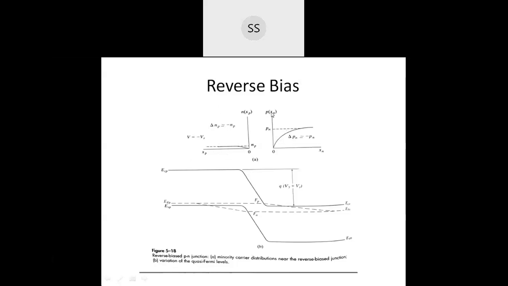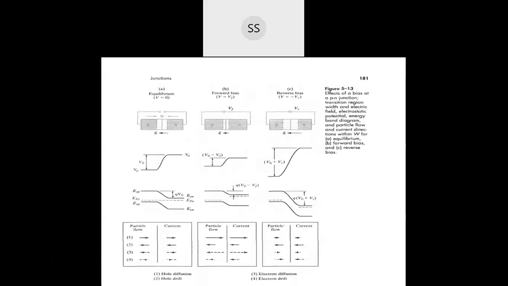This p of x_n indicates the minority carrier distribution in the N region. And this 0 point, the vertical line, so these are the edges of the space charge region on either side. See here in this picture, we have the edges in dotted lines. At the end of the P region, we have a dotted line. At the beginning of the N region, again there is a dotted line. So these are the two edges.